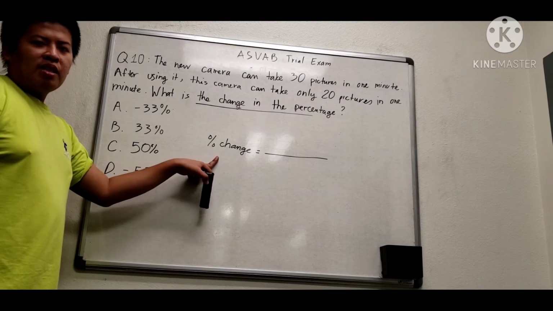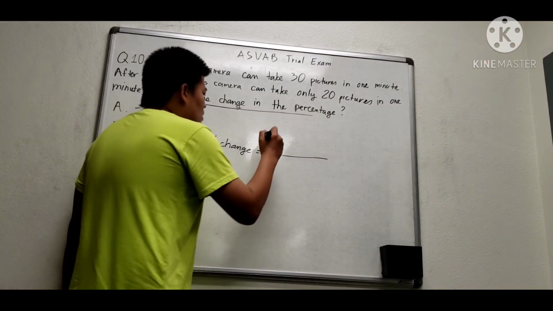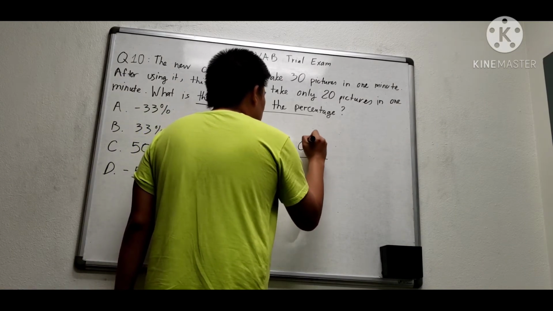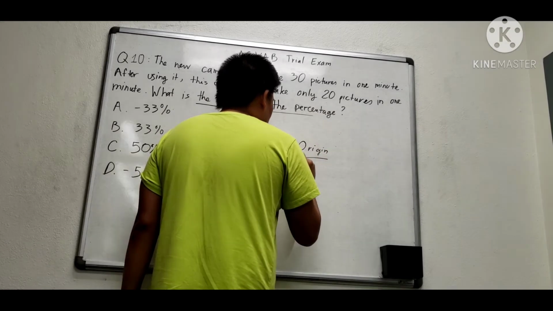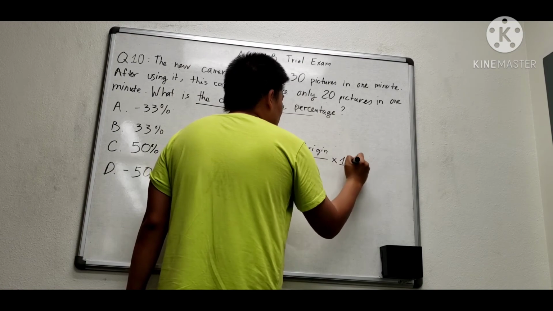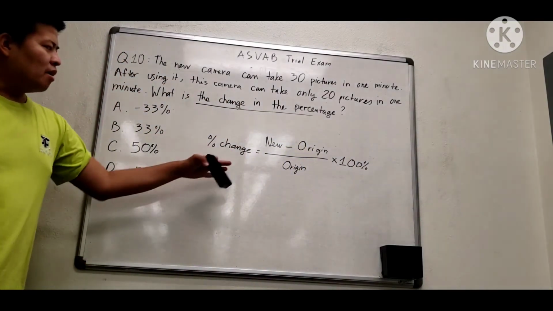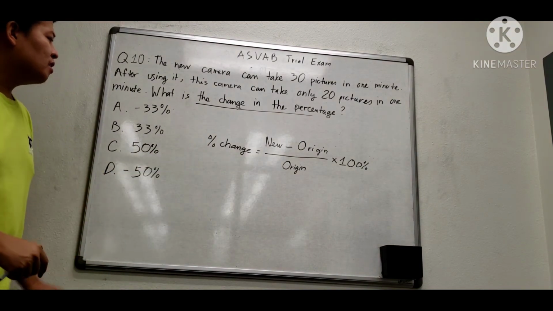For the percentage change, we use the new number minus the origin number, divided by the origin number, multiplied by 100%. This is the formula for the change of percentage.